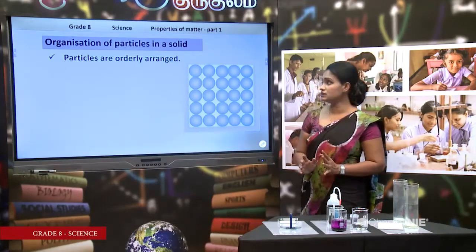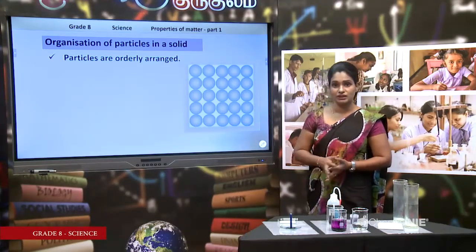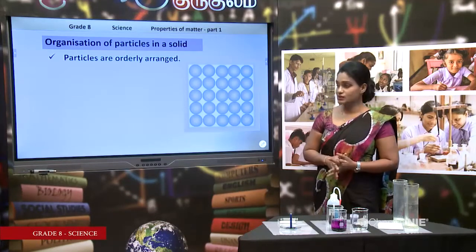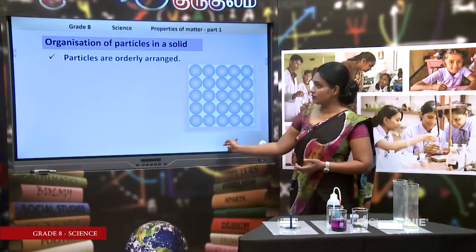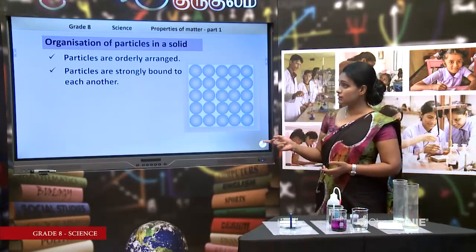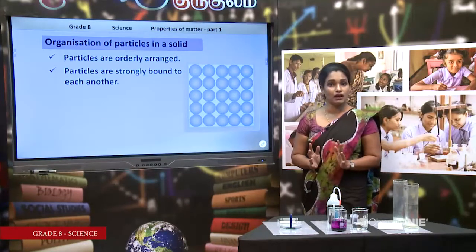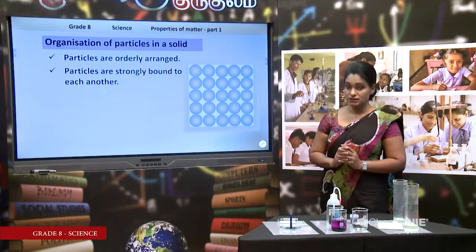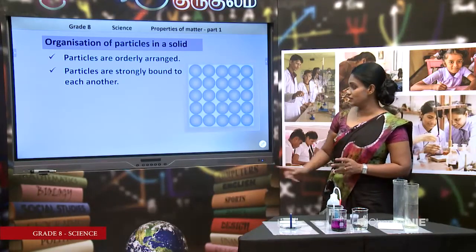Here particles are orderly arranged. You can see they have a nice order, like you all are sitting in your classroom, they have a specific order, right. Then the next one is these particles are strongly bound to each other. That is why they can't move here and there, they just vibrate in the same position.